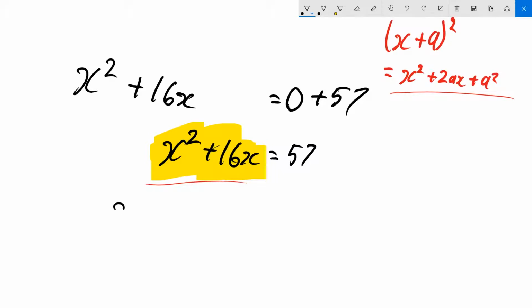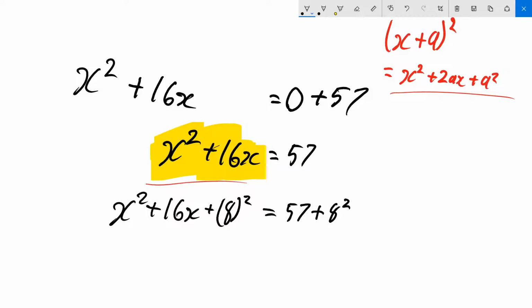So now we have x squared plus 16x plus 8, half of 16, and then we're going to square it, and that will be equal to 57 plus 8 squared. And the reason why we add it to both sides is because what you do to one side of the equation you have to do to the other. Okay, so 8 squared is just 64, so we can just replace that.